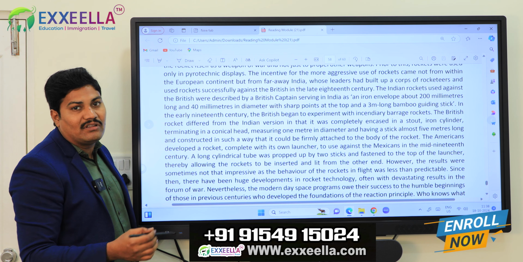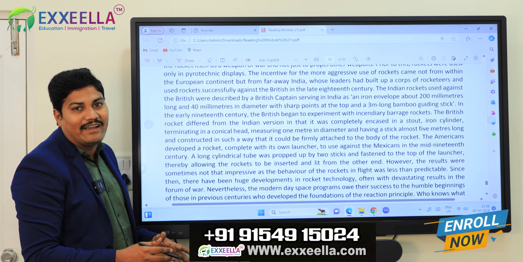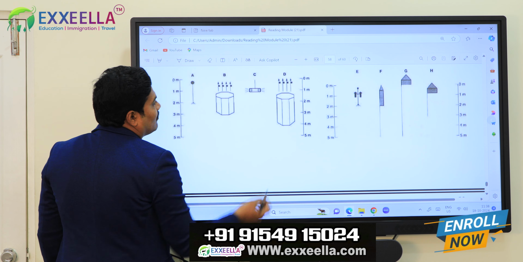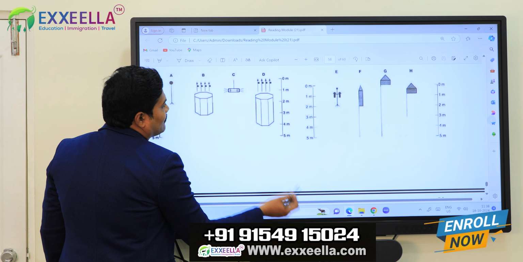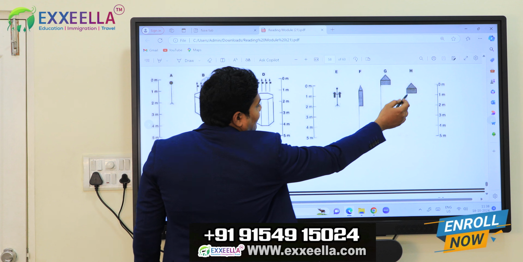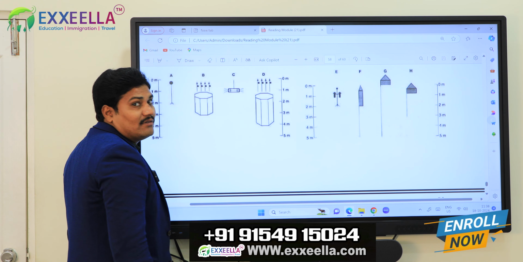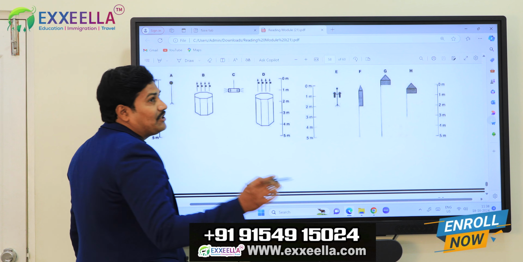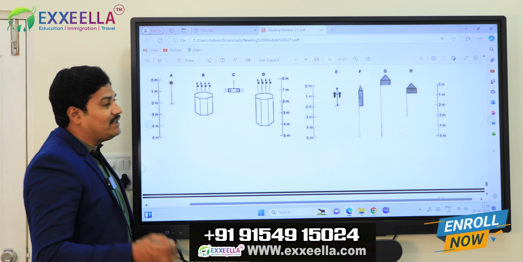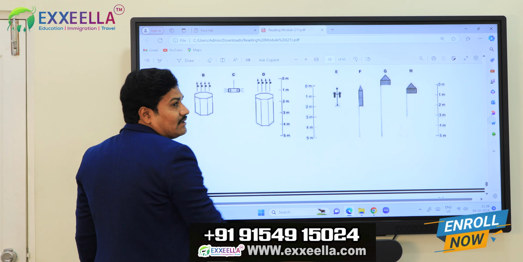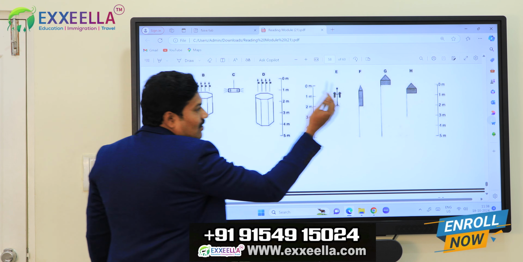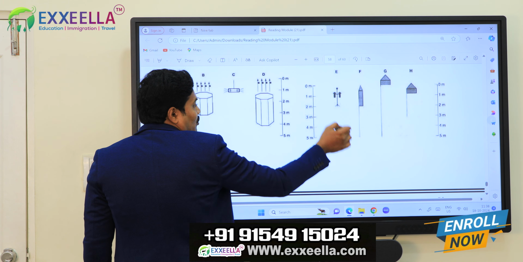We need to find out which one has the 3 meter long bamboo guiding stick. If you come down, most people will get confused here and pick the H option directly. No, we should not give the answer as H, because they mentioned a 3 meter long bamboo guiding stick, so the stick should be 3 meters long. Most people will concentrate on 0, 2, 3 and say option H. No, the stick should be 3 meters.